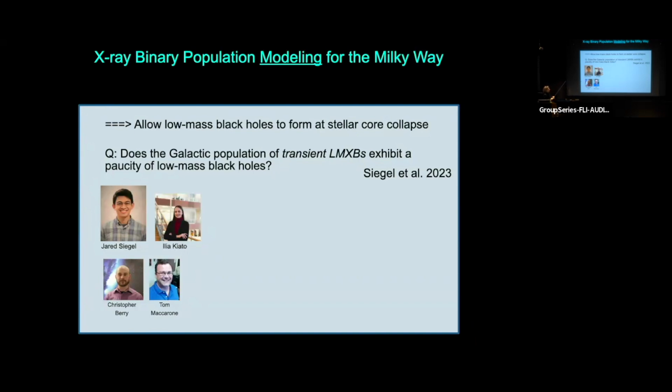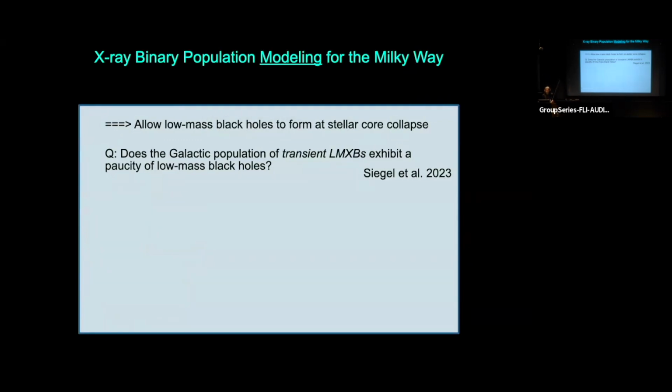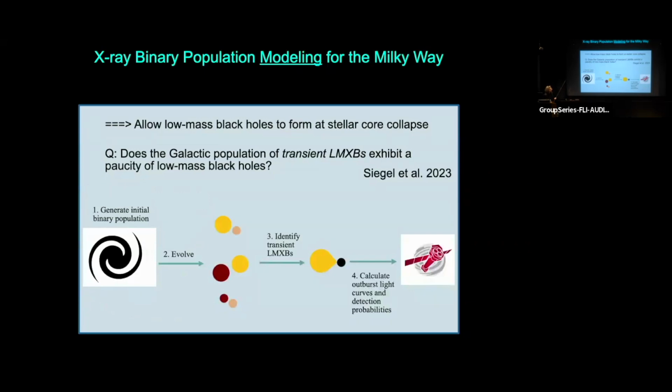Okay, so all we did is build a population model that allows low mass black holes to form, unlike every population model in the literature for the past 10 years. And then figure out if in the models our low mass X-ray binaries are going to be detected.